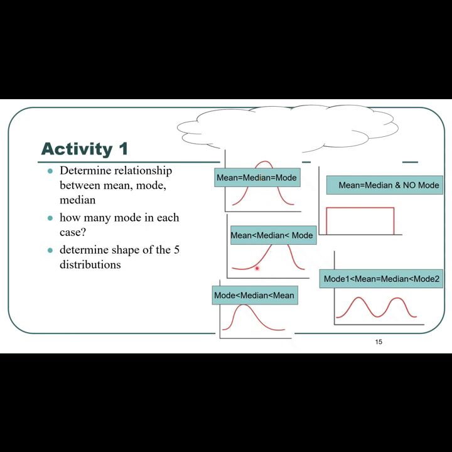Here I have the left skewed or negatively skewed distribution, here a right skewed or positively skewed distribution. This is the bimodal and this is the uniform.